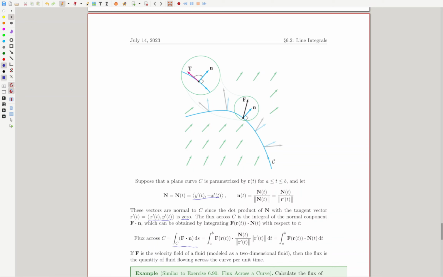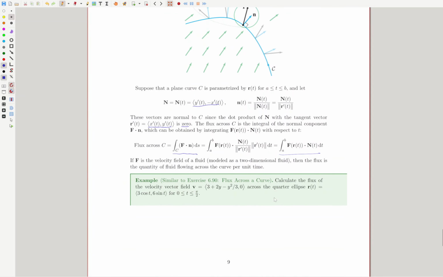This ends up being the expression that you use for computing flux. Whereas if you're just doing it abstractly, you'd represent it like this, but once you actually want to compute it, you impose a parameterization on your curve and you compute it in this way.